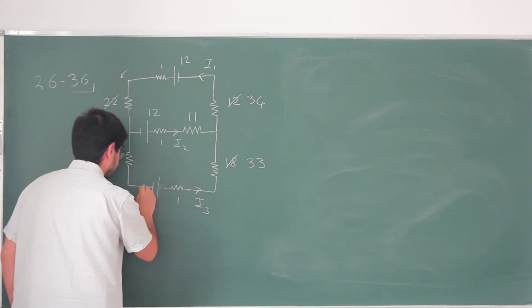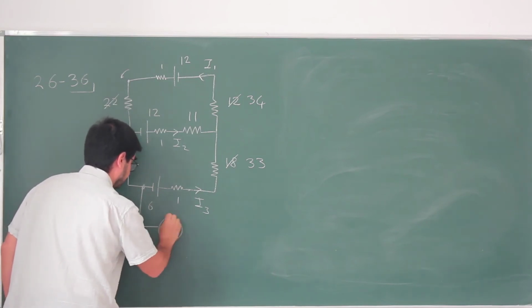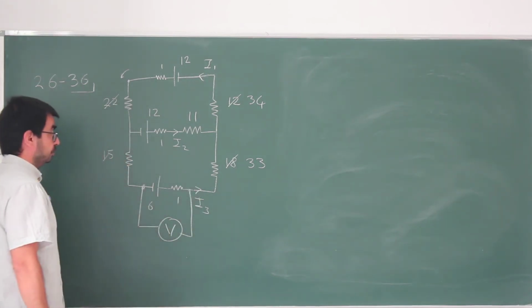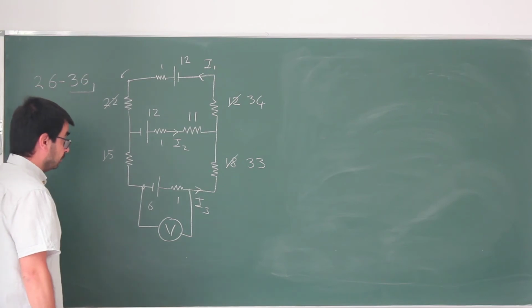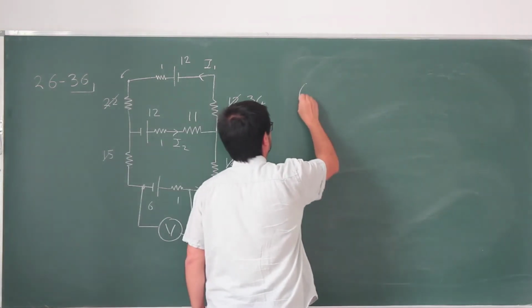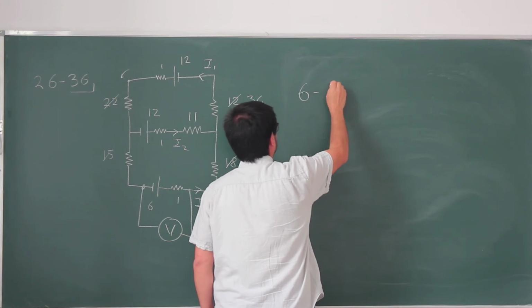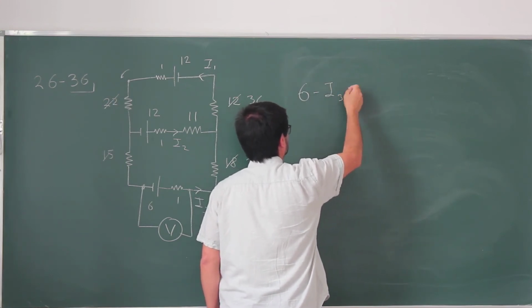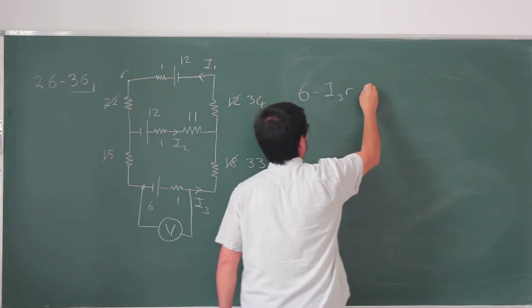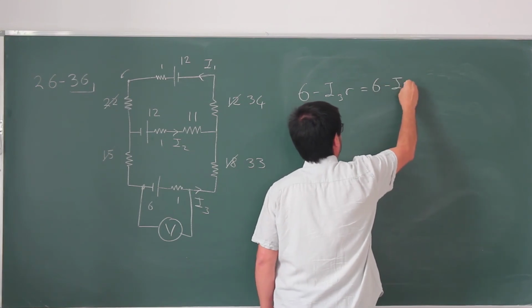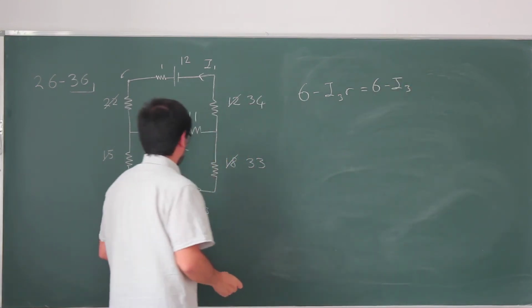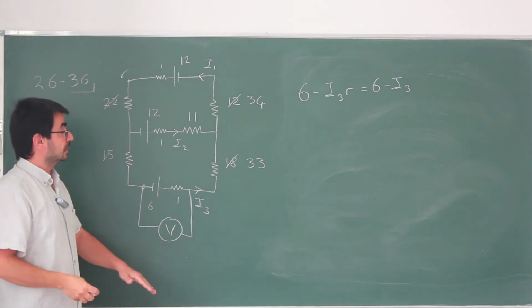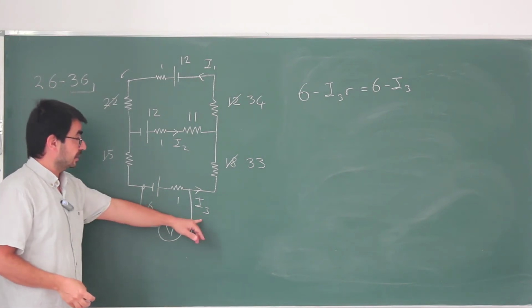So this is what you would read if you connected a voltmeter to these 2 points. Okay? Now that will be 6 volts minus I3 times this R, which is just 1. So 6 minus I3.